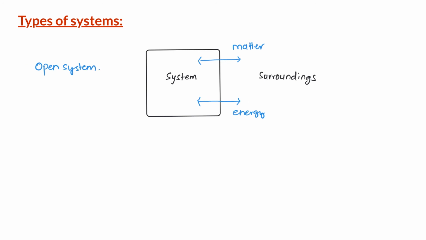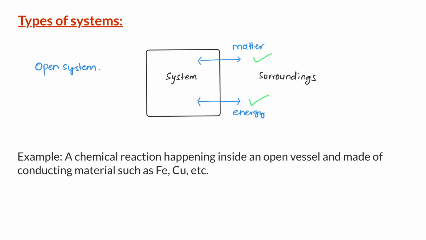Next, let us discuss what an open system is. In an open system, both the matter and energy can flow between the system and surroundings. An example of an open system is a chemical reaction happening inside an open vessel made of conducting material such as iron.